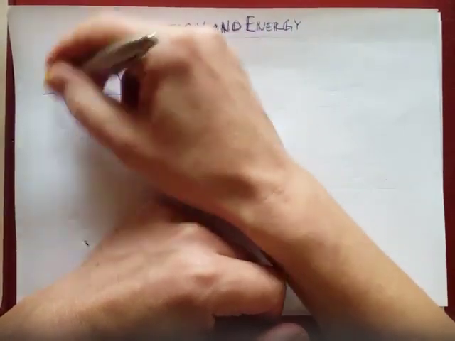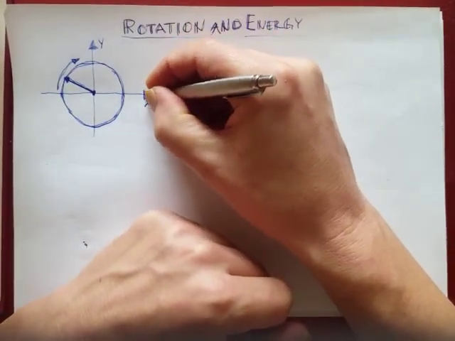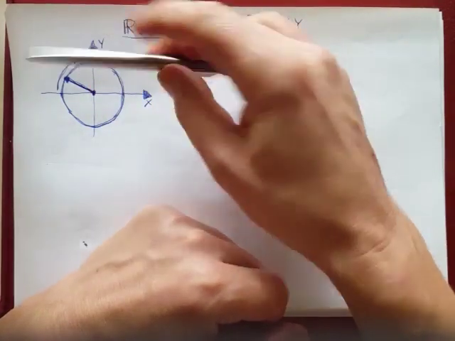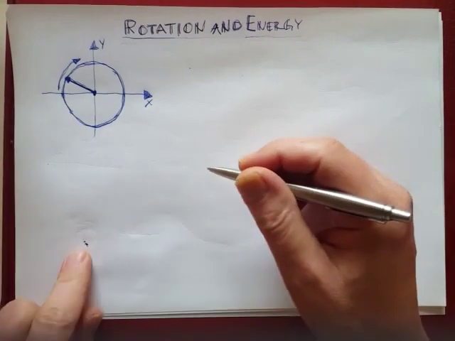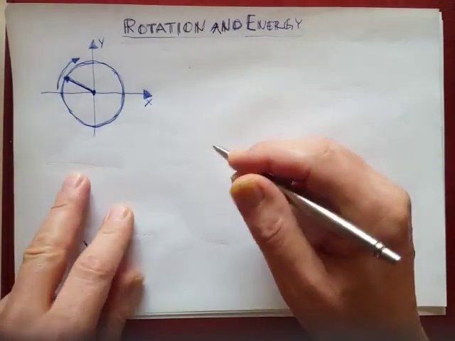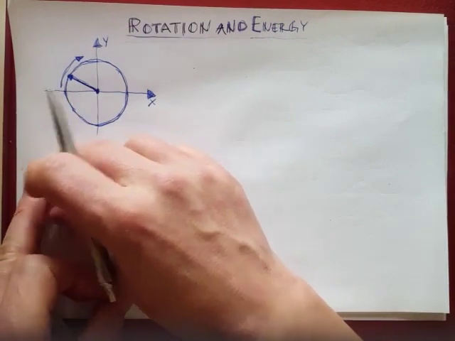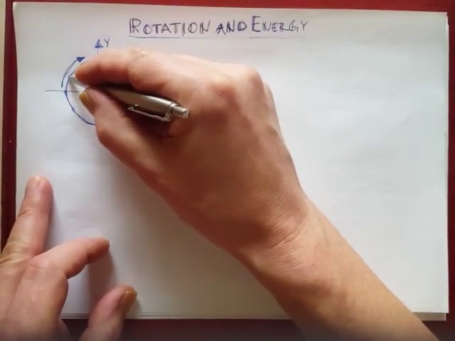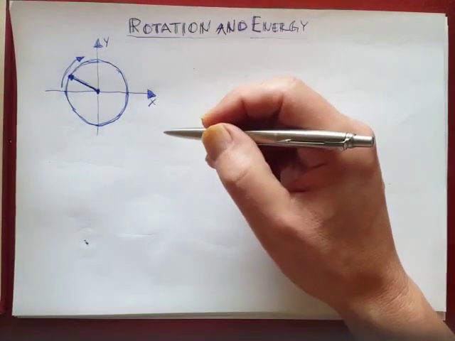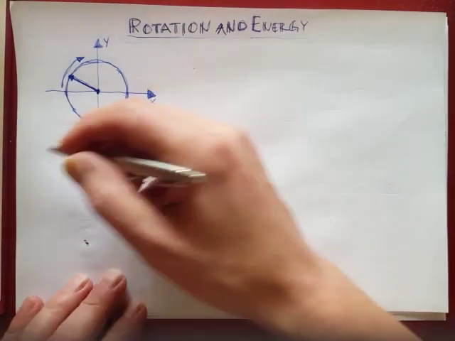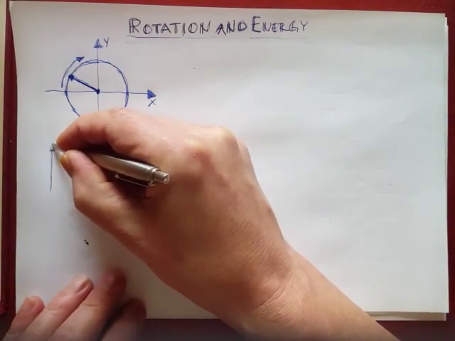But we can also represent this in time. As the handle rotates, time goes by, and then we could show what I would call the time dependency of the position of this spot here. And we do this by drawing yet another diagram like this.